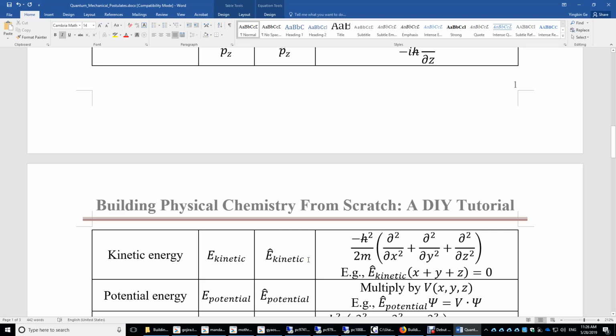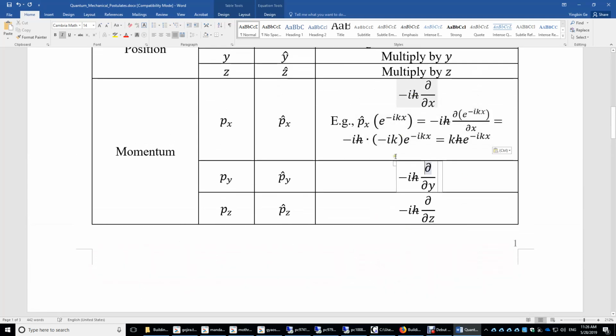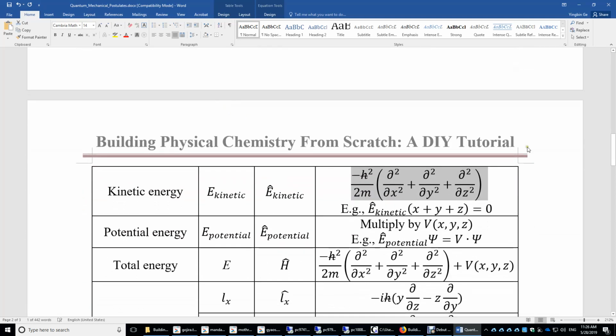Remember, the kinetic energy is half m v squared, which is equal to p squared, the momentum squared, divided by 2m. So if you use these operators, square them, and sum up the squares of each momentum in each direction, you will get this expression for the kinetic energy operator.